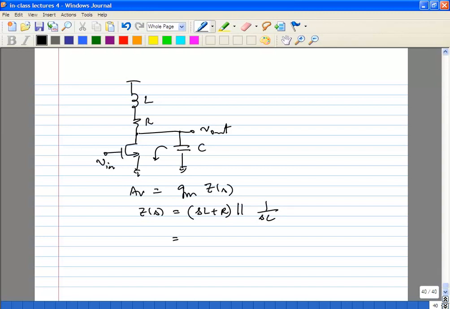We are going to write it in a particular form, and you will soon see why. This is the impedance transfer function. Of course, this has a 0 and it has 2 poles. The poles may be complex conjugate, we don't know that yet.